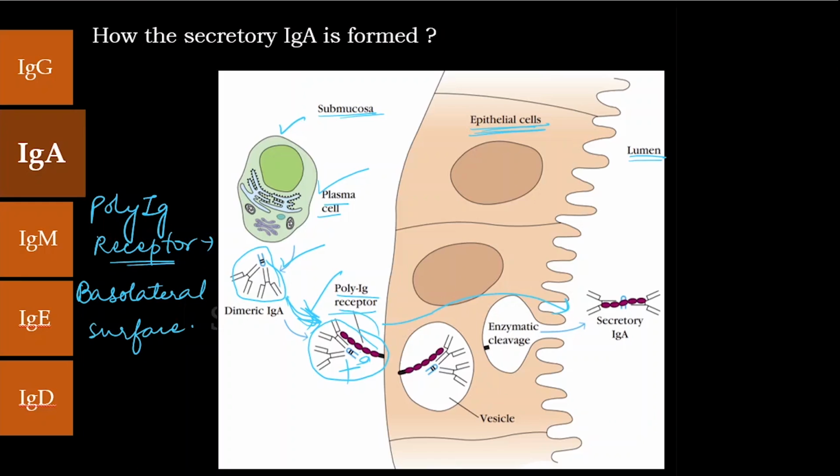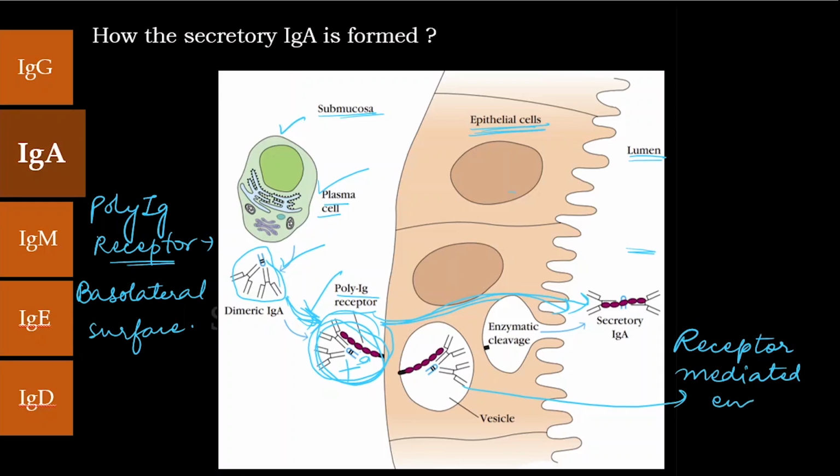This is the epithelial cells, and this is the lumen. So from the epithelial cells to the lumen, this complex will be transferred. And how will this transport occur? It involves receptor mediated endocytosis.